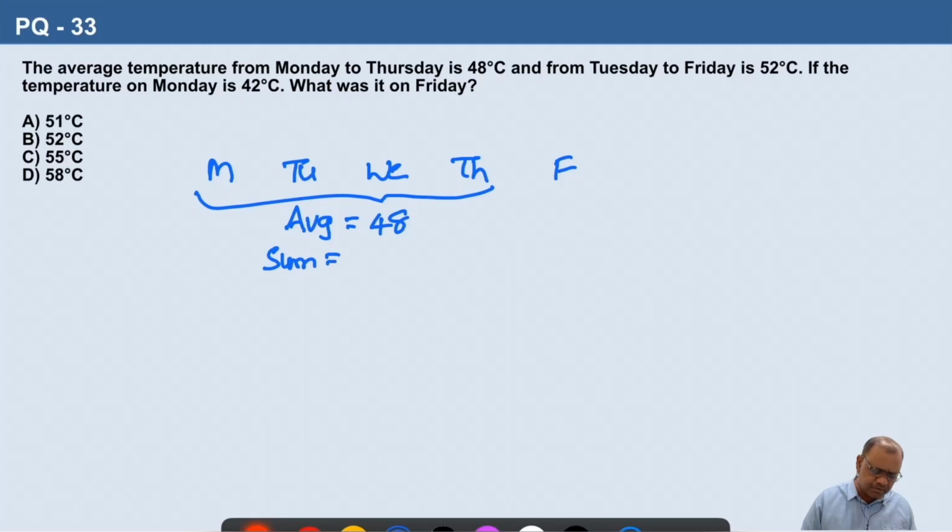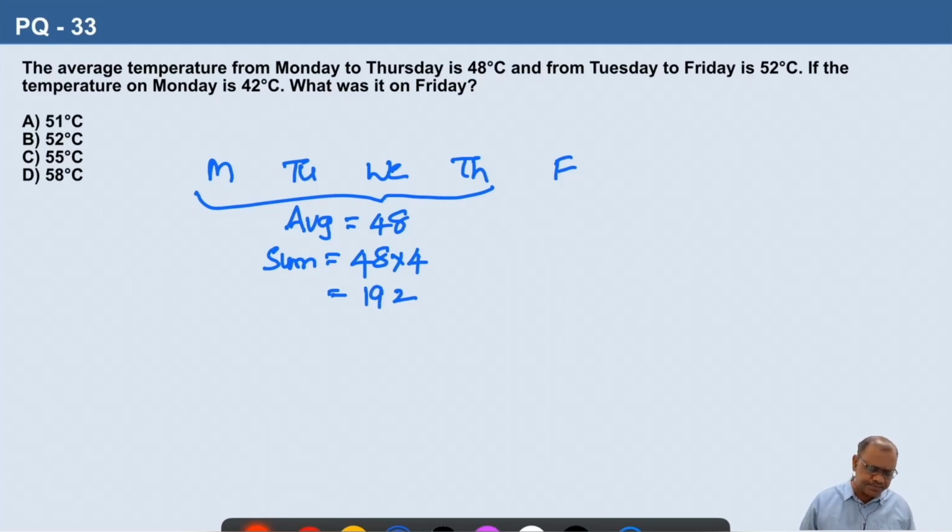48 into 4. So that is 4 8s 32, 4 4s 16 plus 3, 19. 192 is the sum.